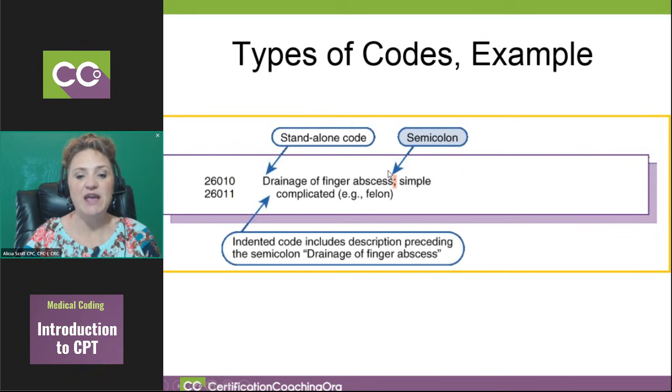This is information that would be after the semicolon, complicated, and it's always indented. So here's your standalone code, your parent code, 26010. If we're doing drainage of a finger abscess, complicated, we're not going to use 26010. We're going to use 26011, because that is a changed description of 26010. So we don't have to repeat and retype that it's drainage of a finger abscess. We know that's what it is. But after the semicolon, simple is 10, and complicated is 11.